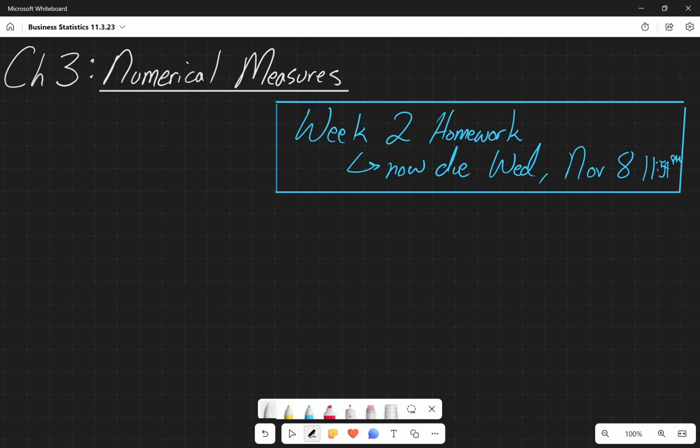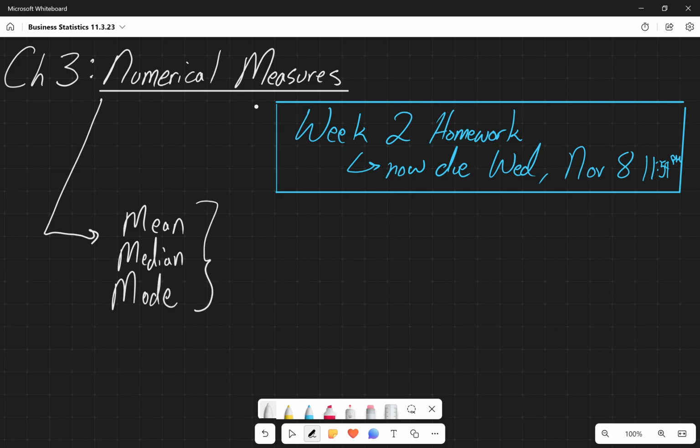So chapter 3 starts out with some relatively simple things that we already know about, right? In terms of the mean, the median, and the mode of our data. Now, one of the things that we probably don't know is that these are all things called measurements or measures of location.